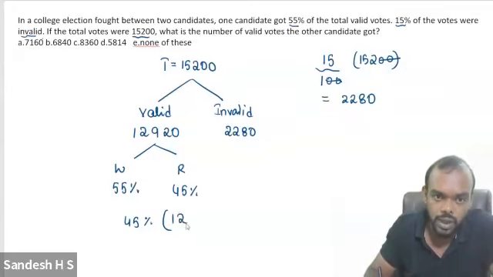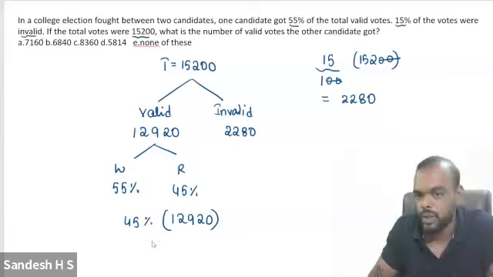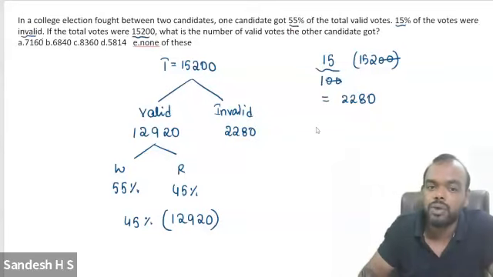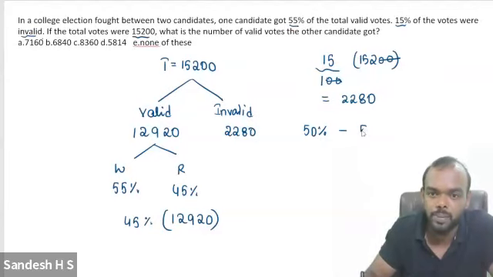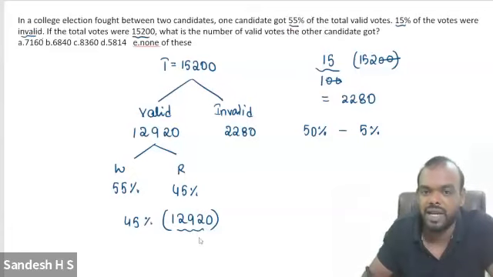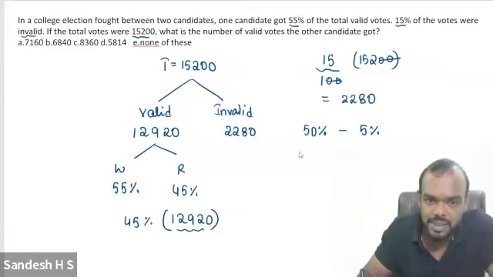That is 12,920. We learned yesterday how to calculate 45%. 50% minus 5%. 50% means half of this value. That will be 6,460.